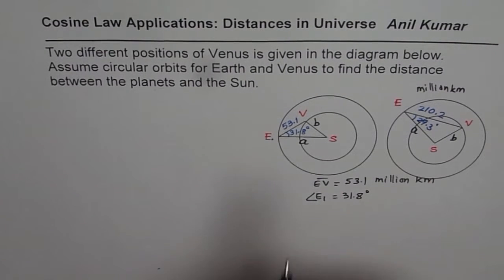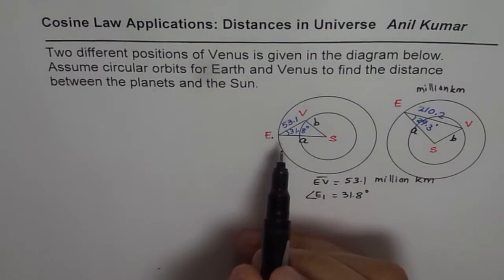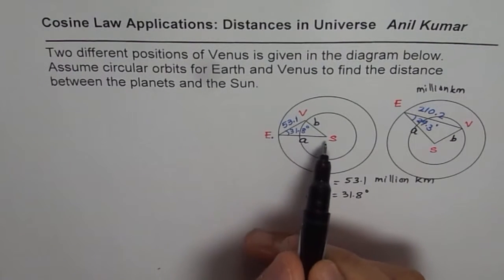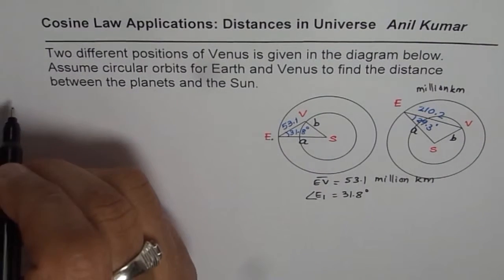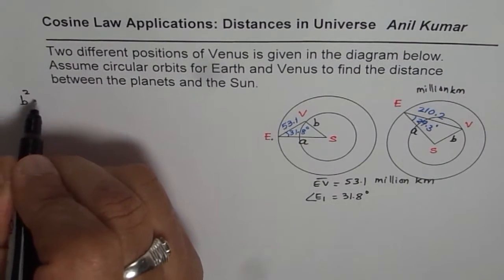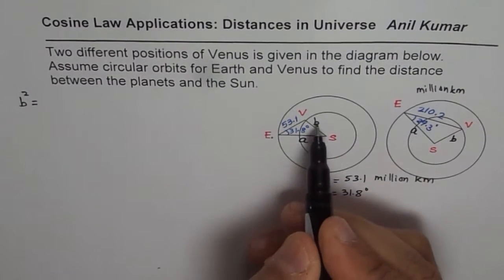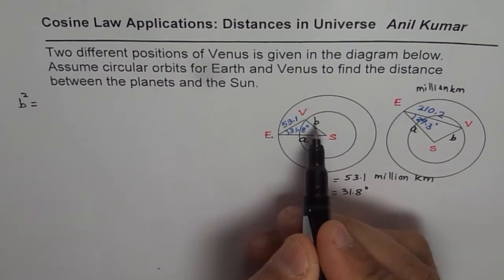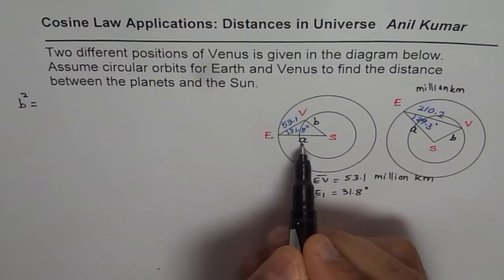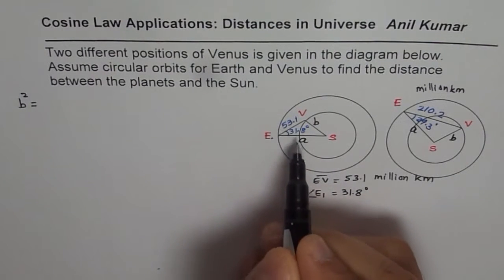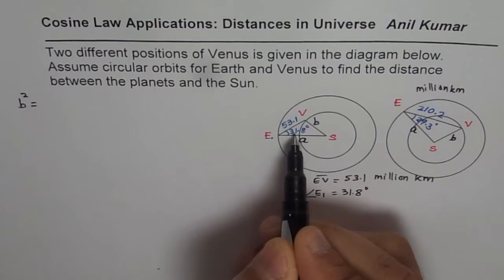So we'll apply the cosine law. Now, from the cosine law, we can say that for Venus to Sun, that is B, we'll write the equation in terms of B. So B square is equal to 53.1 square plus A square minus 2 times the product of these two times the cosine of the angle in between.